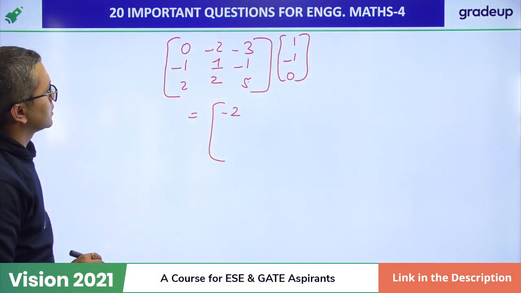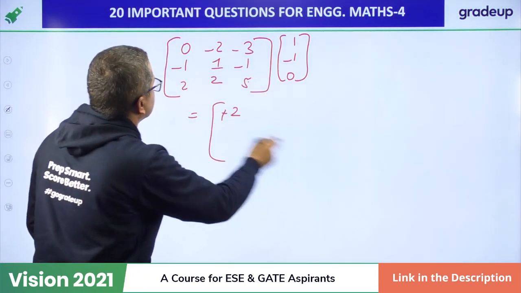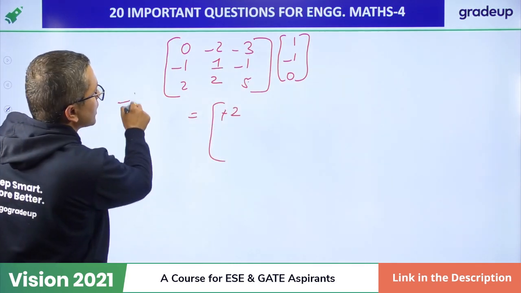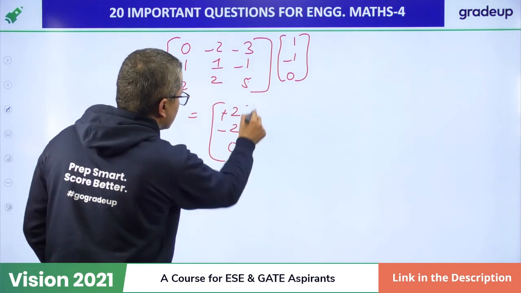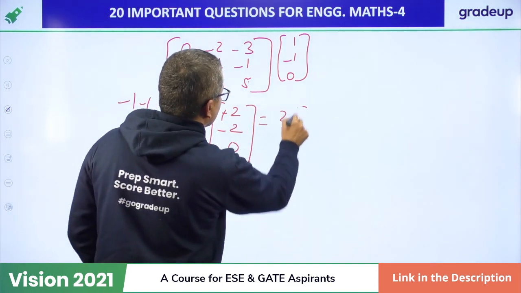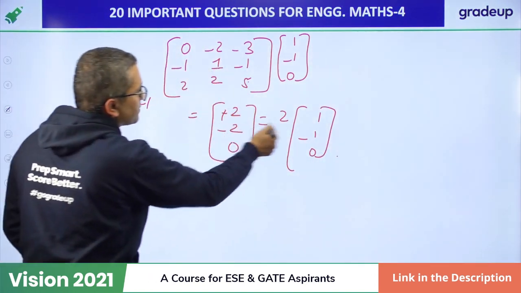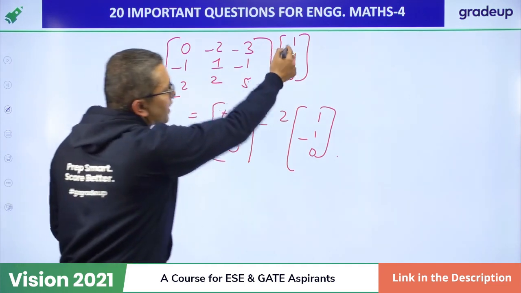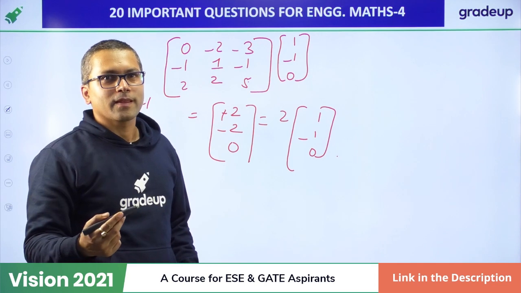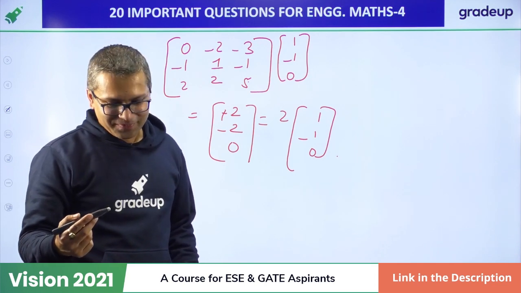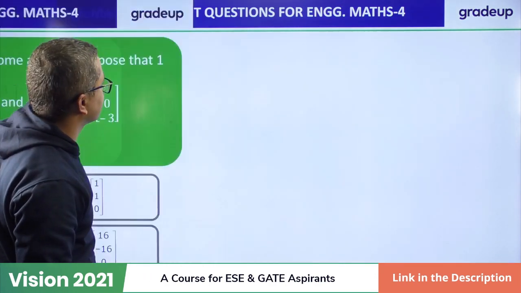That should be 2 actually. So it should be minus 2, then 2, minus 2 and 0. If I take 2 out of it, 1, minus 1, 0. So this is also in the form of Ax equal to lambda x. That means 1, minus 1, 0 is an eigenvector of A. All right, is that good? Yeah, so it's plus 2. Sometimes it gets really messy.